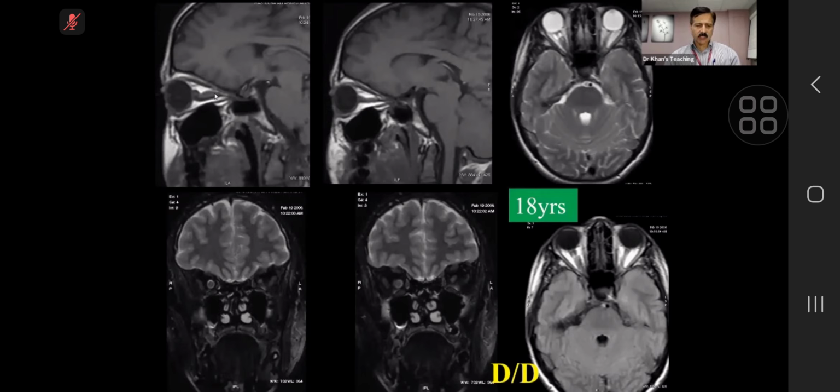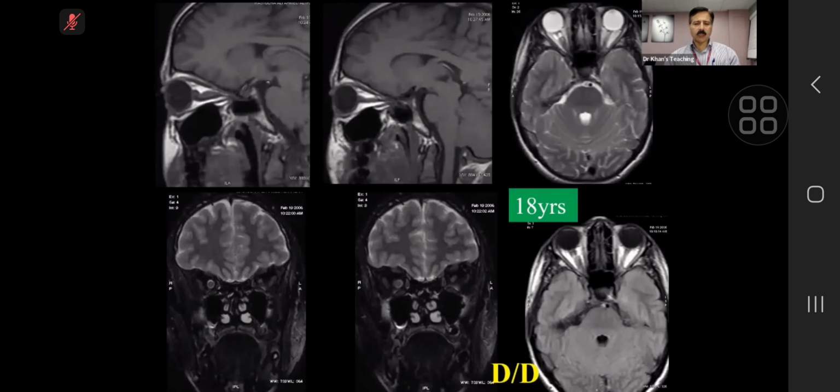This is the optic nerve. This is the optic nerve. You see this optic nerve is thickened and slightly tortuous, and this one is straight. They say that even if you see a difference of about 2 millimeters, with the clinical context, you can call it an optic nerve glioma.